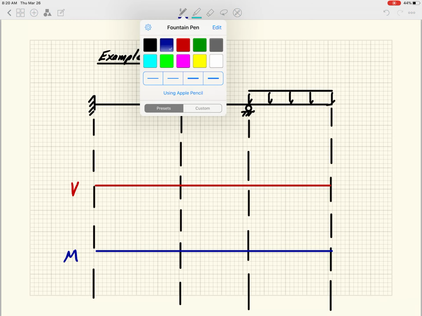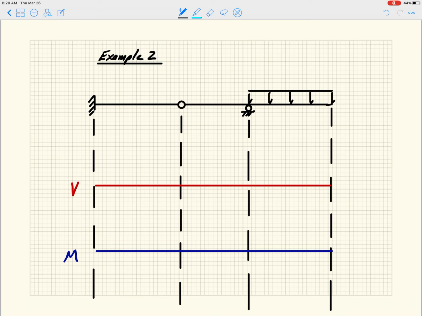So, first thing, as we did in the previous one, is we've got to draw the deformed shape, right? And so this may take a little bit of trial and error here. But hopefully what you can see here is this applied load is going to be trying to spin the beam downward like that, right?